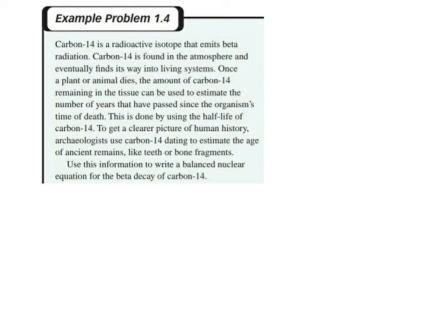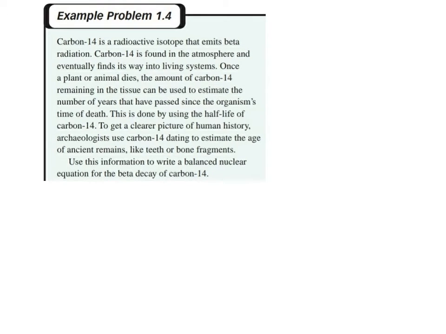Okay, so first of all, carbon-14, we've already gone over how to do the nuclear notation of that. That's going to be carbon-14 with the number of protons, which is equal to 6. Now, the other thing that we're going to have to do here is put our arrow, and they tell us right here that it's beta decay.